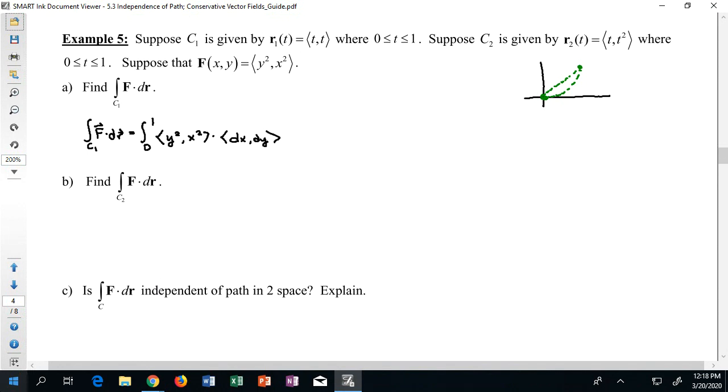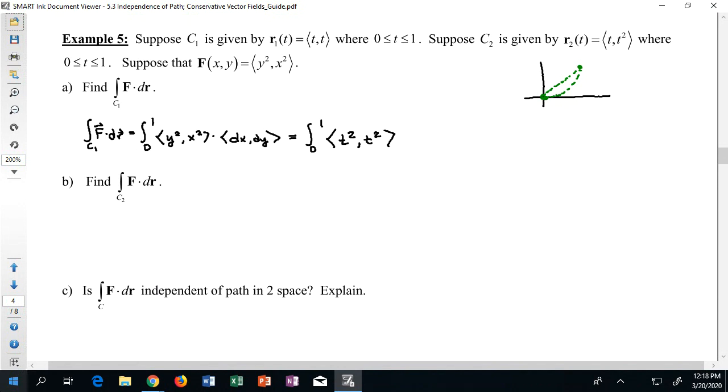Now I just need to make sure that I convert all of this over to t values, so I can actually work with everything that I have here normally. So I'm going to rethink about this as, if I'm integrating from 0 to 1, y squared is the same thing on C1 as t squared. The other one here is also t squared.